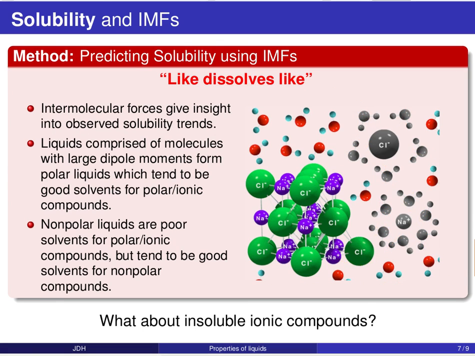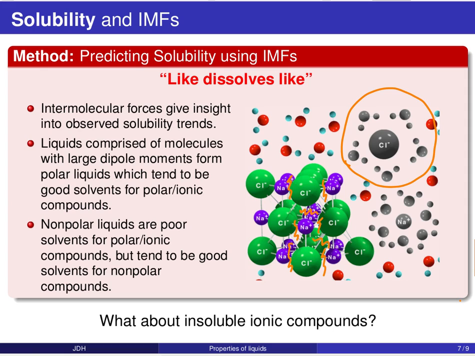Okay, so this brings us back to that question we posed before. What about these insoluble ionic compounds? Well, you have to remember that there's always a trade-off. In order to form these little solvation shells, which are of course energetically favorable, the price you have to pay is the cost of putting in enough energy to break all the interactions between the ions in this lattice.